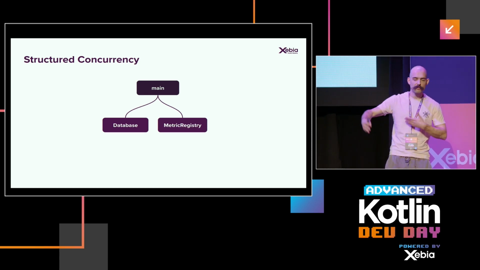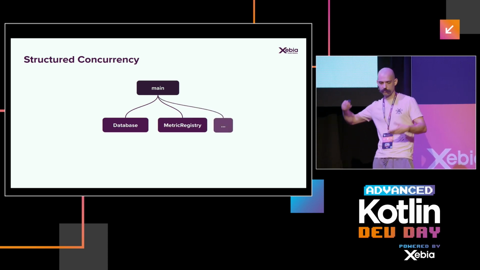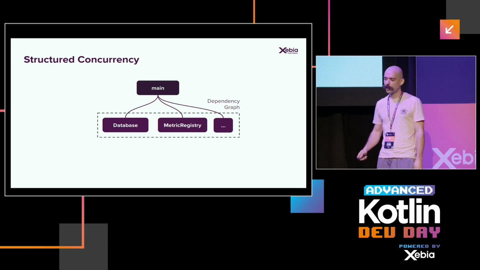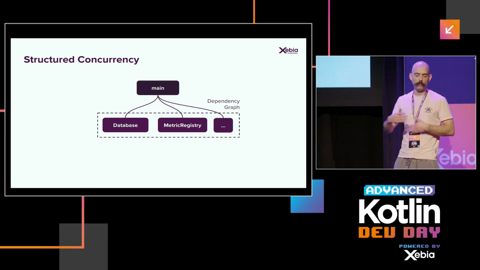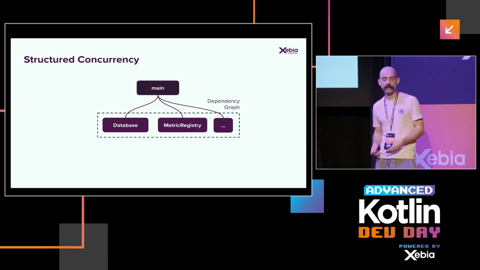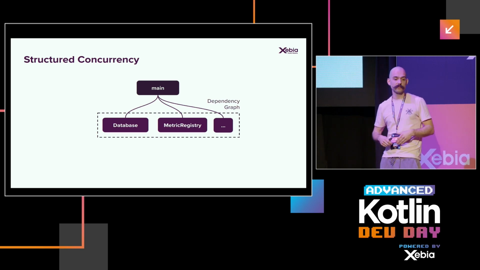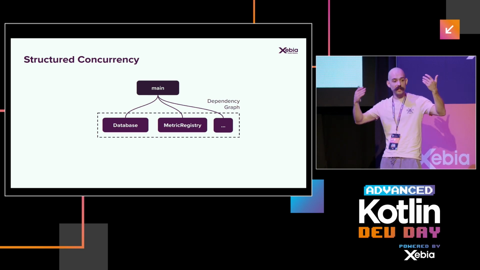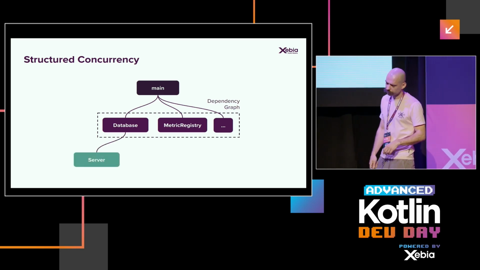How is our server behaving? What is the performance of our service? And this, together with some other things, might form the dependency graph. So typically when we're writing servers, we have a bunch of dependencies that our service relies on. And these are always children of the main process. So we first start the main process, then we initialize the dependencies, and when all the dependencies are initialized, only then can we start the server.